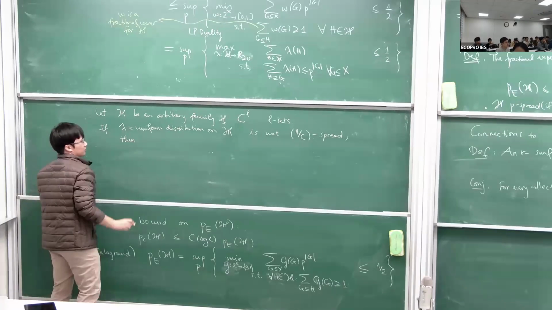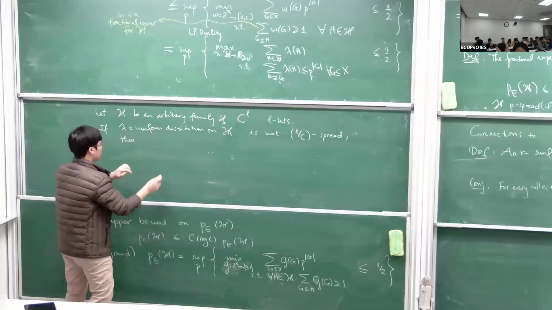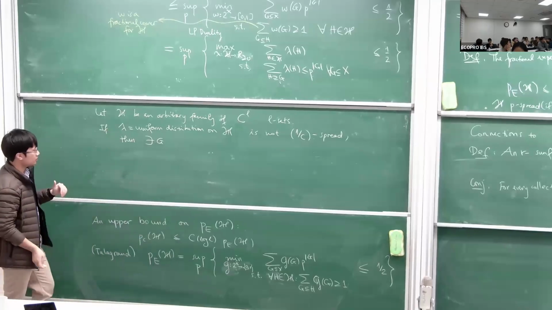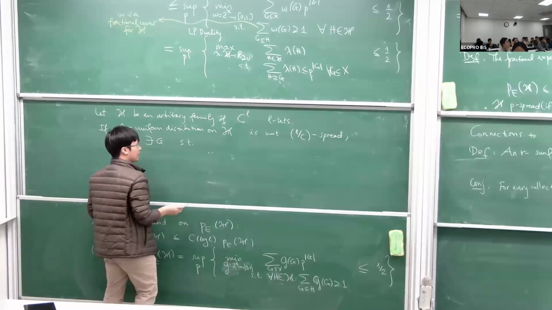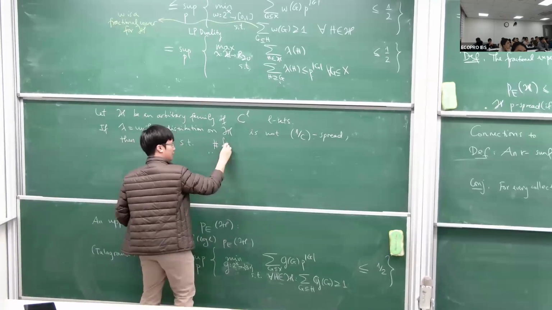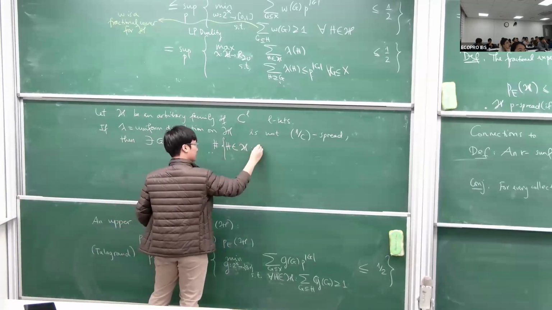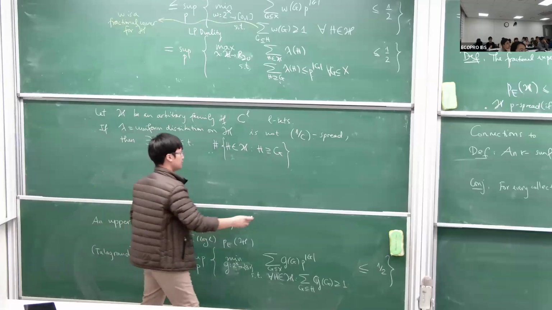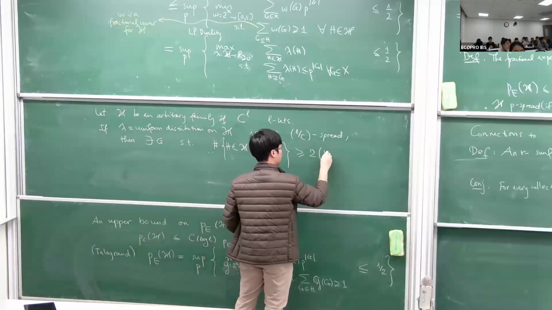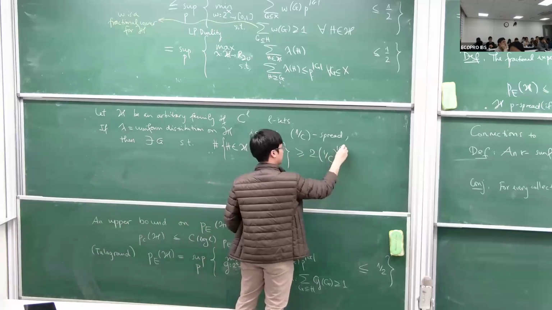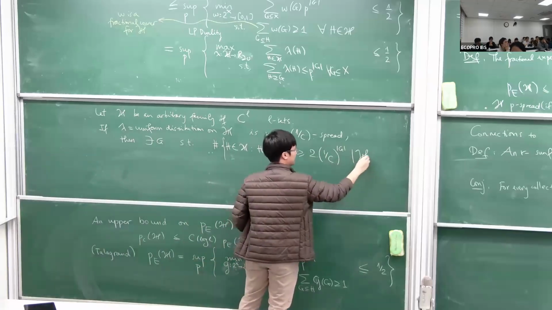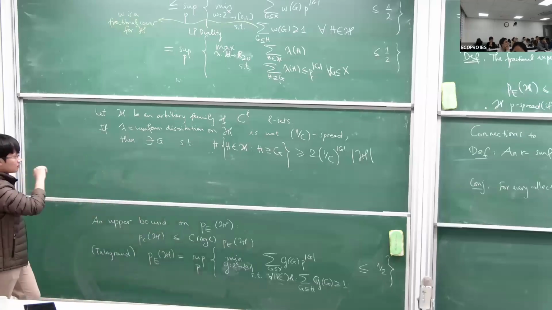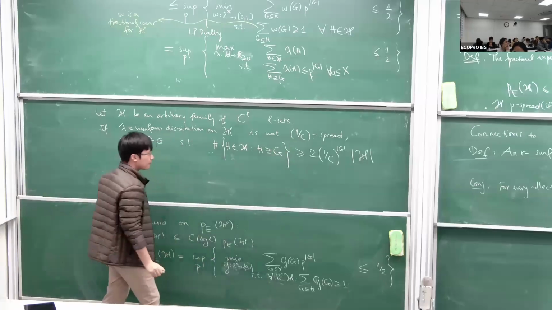Well, being not 1 over C spread means in particular that there exists some subset G of the ground set such that the number of sets from the family H that contain this set G is at least 2 times 1 over C to the size of G times the total number of sets in H. This is by definition of the spread measure, or failure of the spread property.